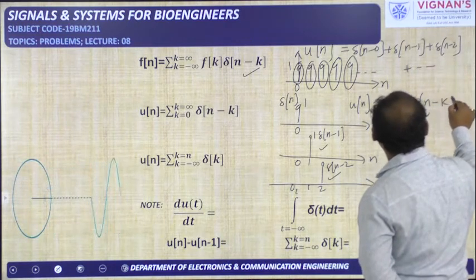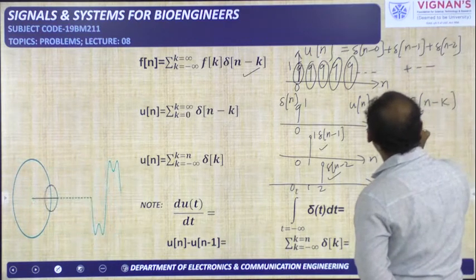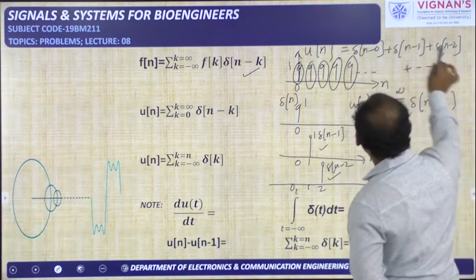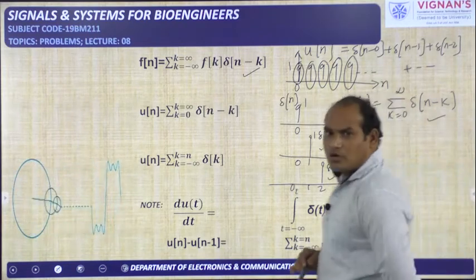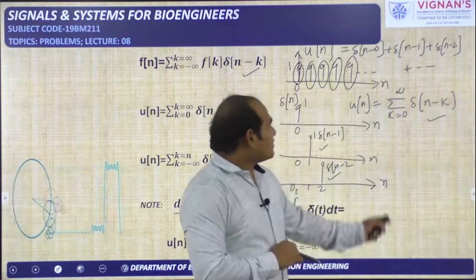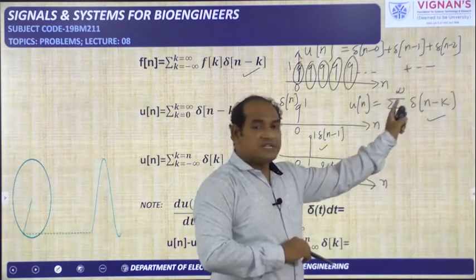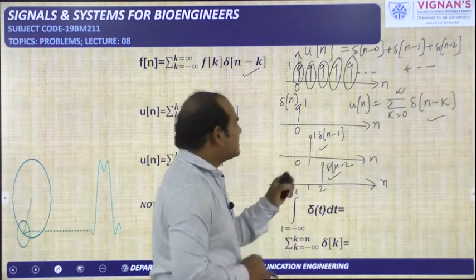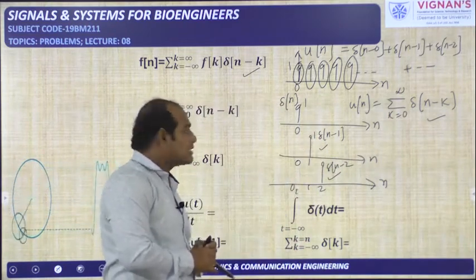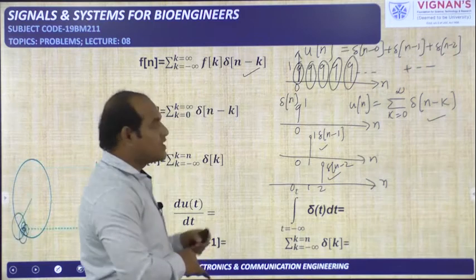So I am taking that as variable k, where k is changing from 0 to infinity. So this entire equation I can write like this. Discrete summation of shifted versions of the unit impulse signal will provide a unit step signal in the discrete domain. So we have proved that.